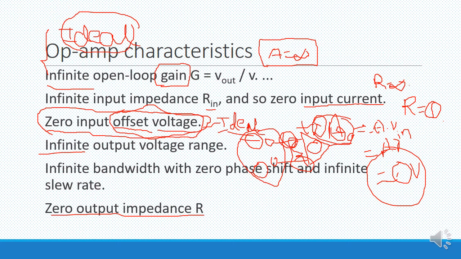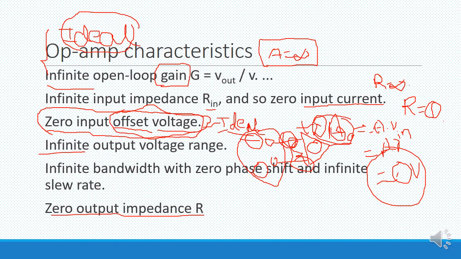You should differentiate the ideal and the practical op-amp characteristics. In the next class, I am going to explain the practical op-amp characteristics.